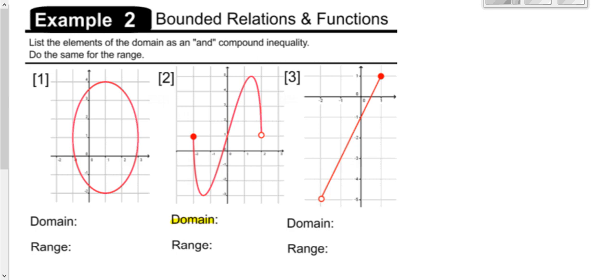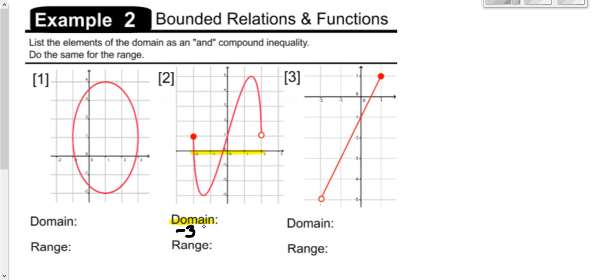So let's start with our domain. My domain is all of my x values. So if I look to the furthest left and to the furthest right that my function goes, my domain starts at -3 and it ends at 2.